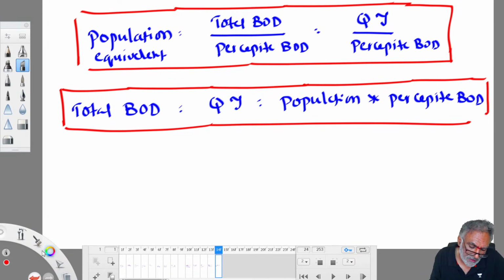So COD, there is nothing there, only the definition. And the relation between BOD and COD is that COD is always greater than or equal to BOD.